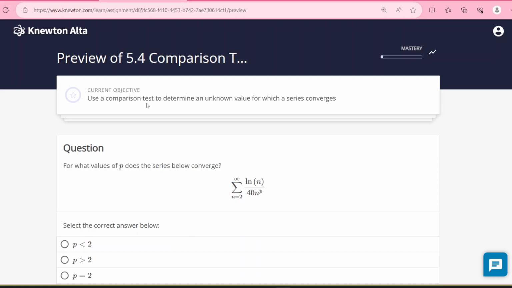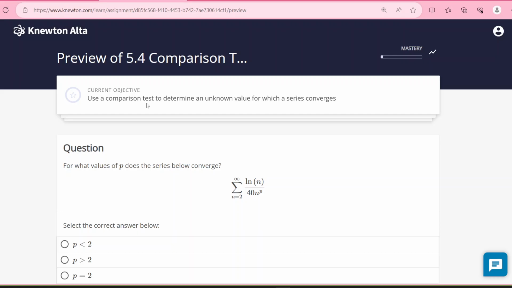I personally like using limit comparison because I think it's easier. You don't have to think about inequalities too much. When you're doing limit comparison, you're just taking a limit of some ratio.